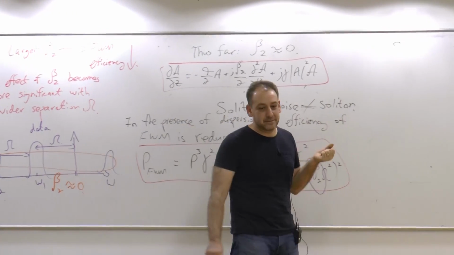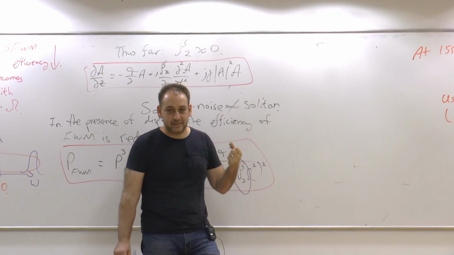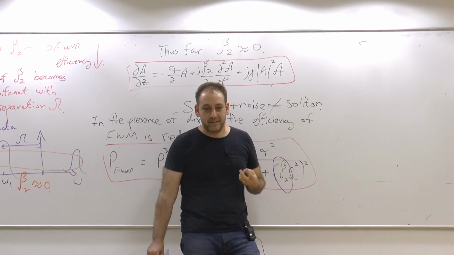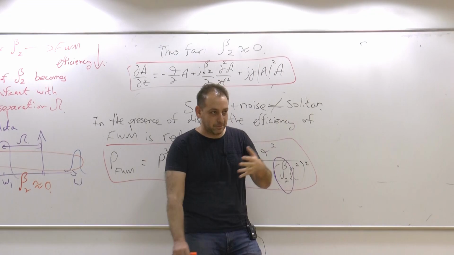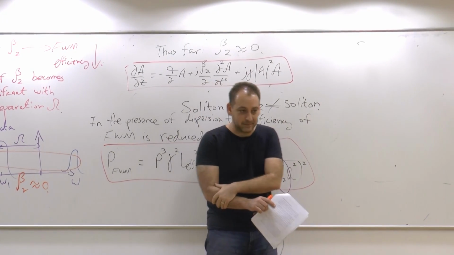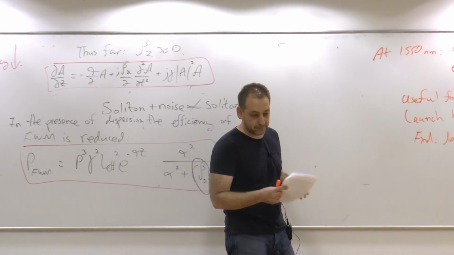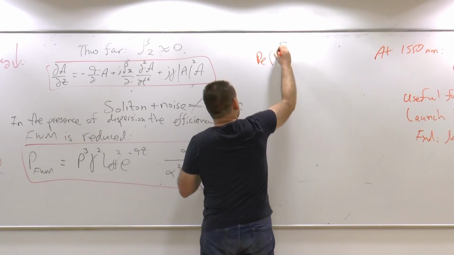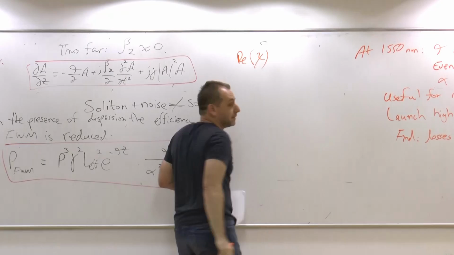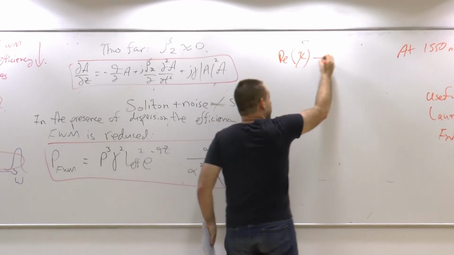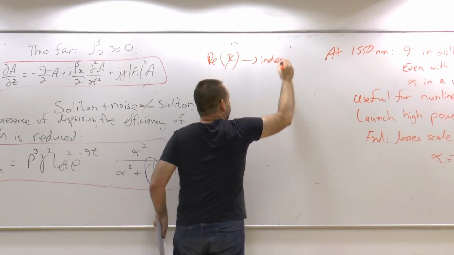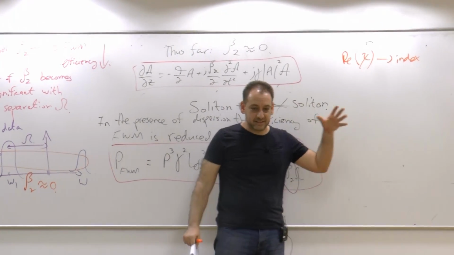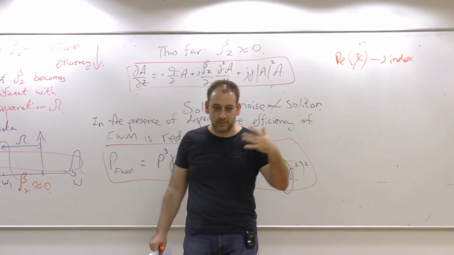So if we accept that the matter in which light is propagating is a causal matter, then you can show mathematically that the real part and imaginary part of the response are linked. The real part of susceptibility is what gives index eventually, because if you recall, 1 plus chi is the dielectric constant, which is index squared.